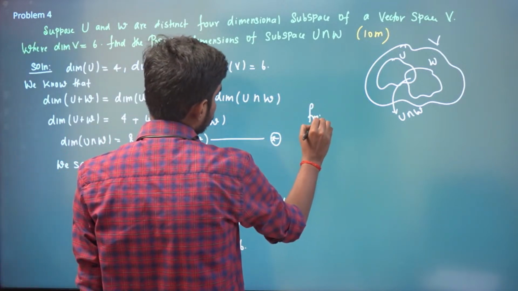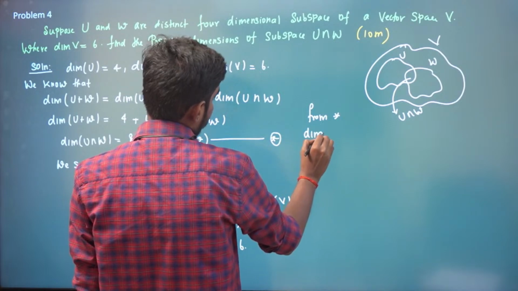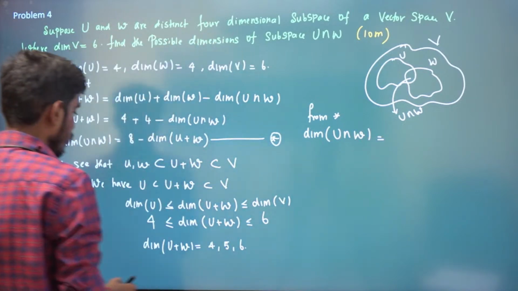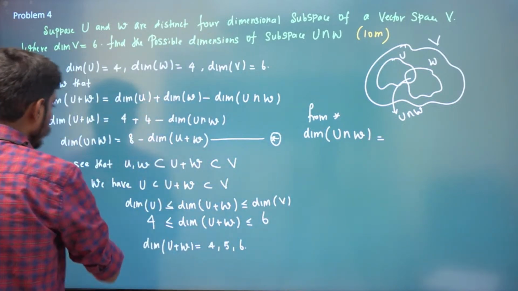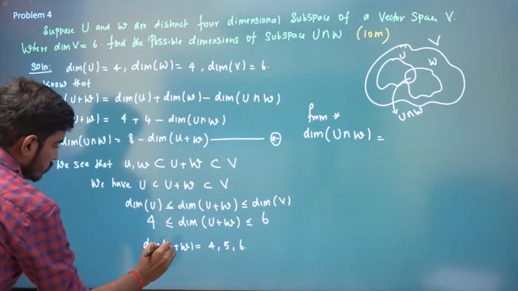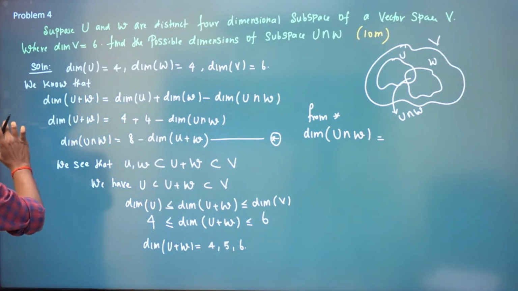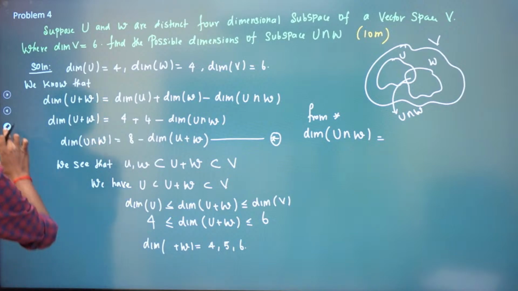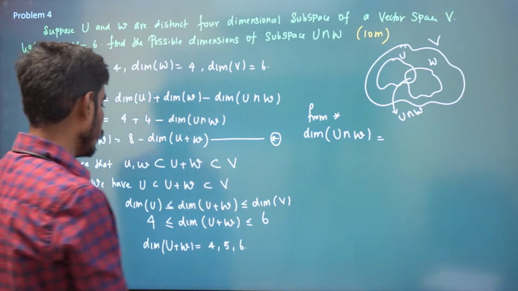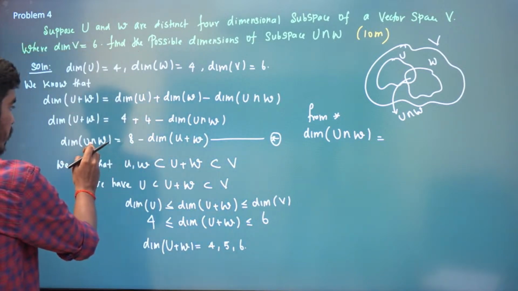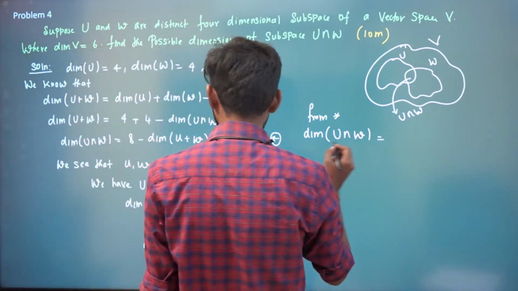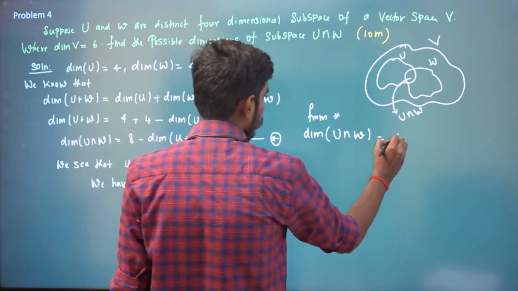So from star, what can the dimension of U intersection W be? If the dimension of U plus W is 4, then from star the dimension of U intersection W will be 4, right?